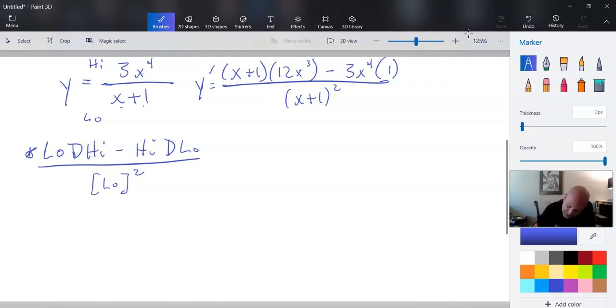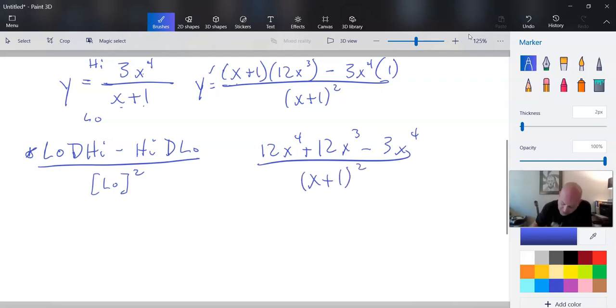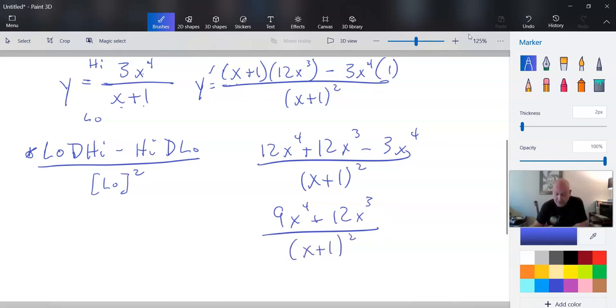Now, if I go ahead and distribute this out, I end up with 12x to the fourth plus 12x to the third minus 3x to the fourth over x plus 1 squared. So collecting my like terms gives me 9x to the fourth plus 12x to the third over x plus 1 squared. Now, you could square out that x plus 1 to get x squared plus 2x plus 1 or what have you. There's actually no reason to have to do that this time.